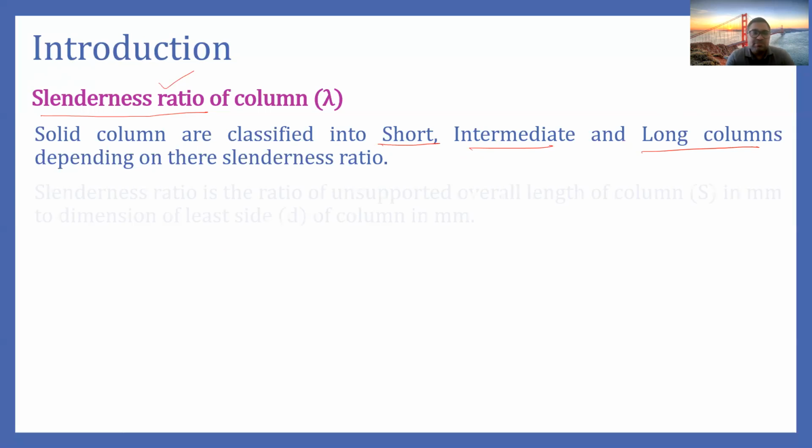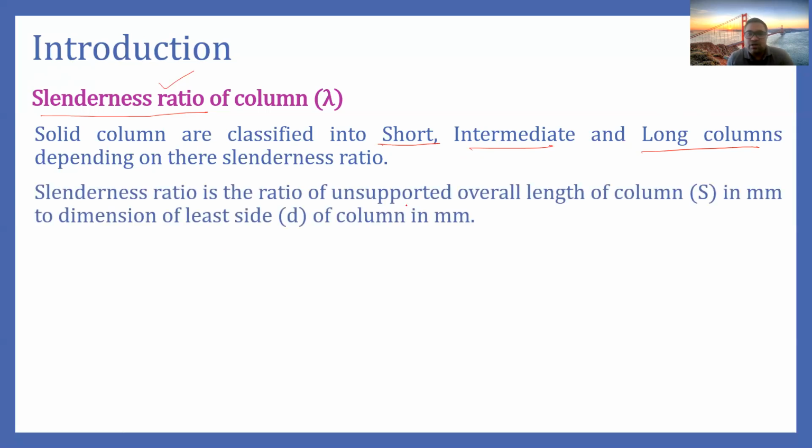Slenderness ratio is basically the ratio of the unsupported overall length of the column to the least lateral dimension of the column. Well, for example, we have one column which has this dimension, say D, and this dimension, say S.